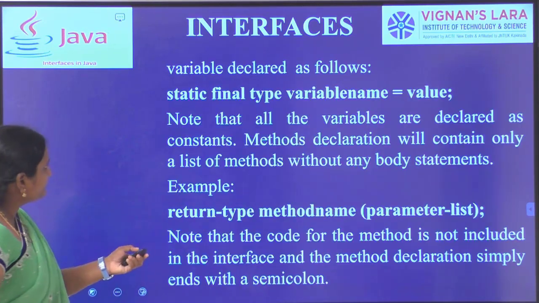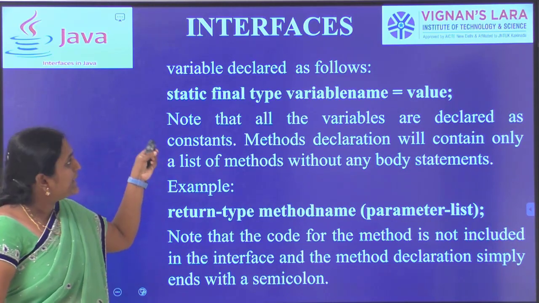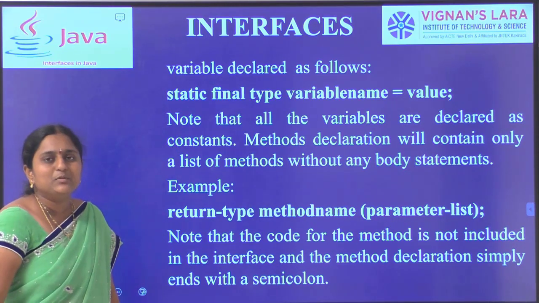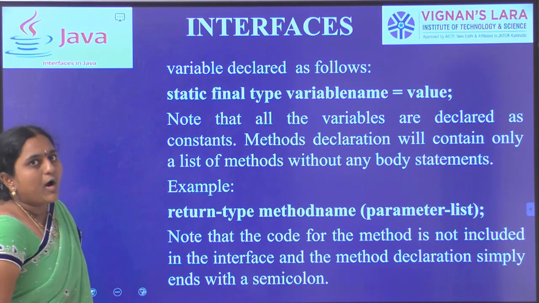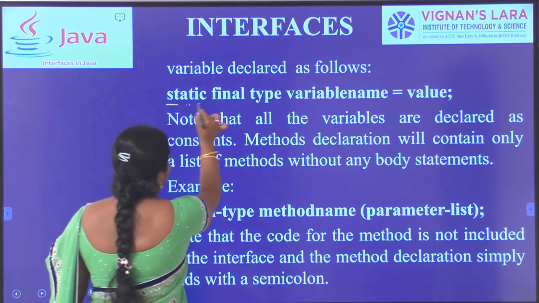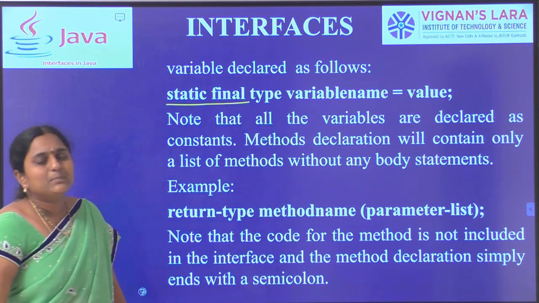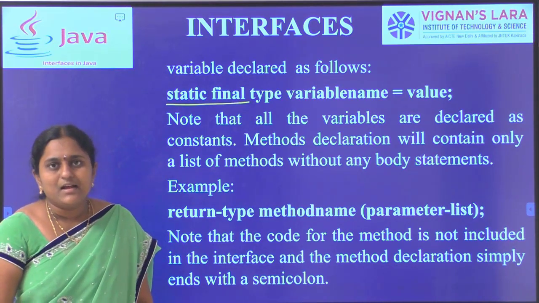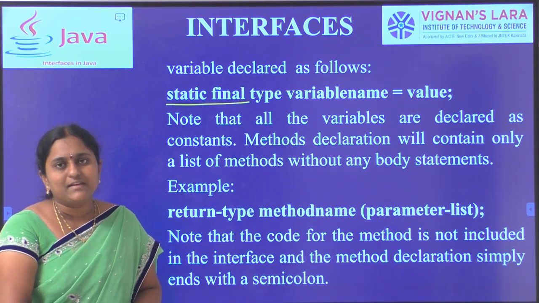Next one. How are variables declared here? What is the syntax for declaring variables in the interface? All the variables defined within the interface should be static and final variables. Already you know about final variables.